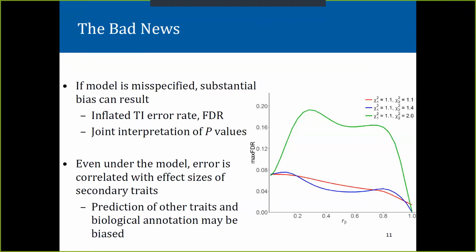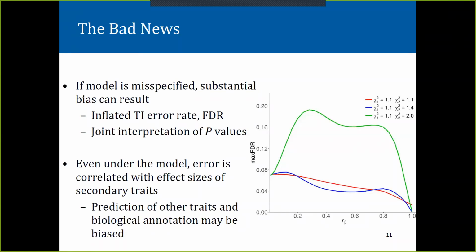So if we took our cognitive performance score, it might be correlated with things that are associated with grit, but not actually with cognitive performance. And the only reason that we see an association is because the error from our polygenic score for cognitive performance is correlated with the effect sizes for educational attainment, which then takes us to grit, which then may connect it to other traits as well.